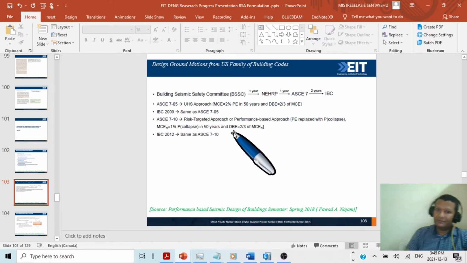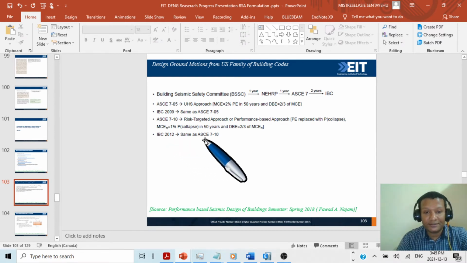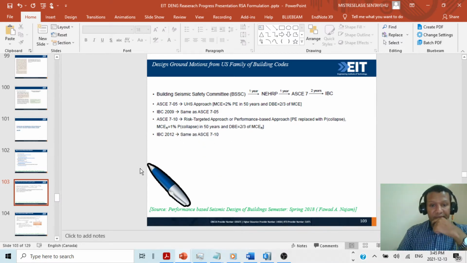And the design DBE level is also 2/3 of MCE R. This is the same for IBC 2012, same as ASCE 7-10. So this is a change: instead of 2%, they change it into 1%.